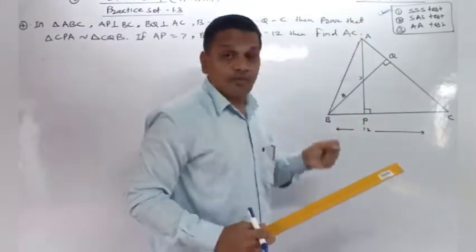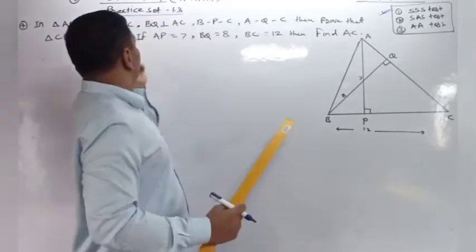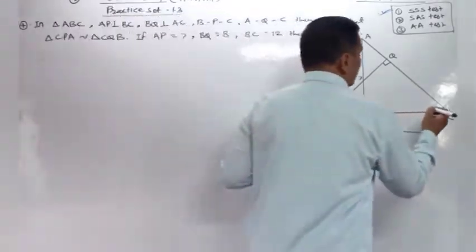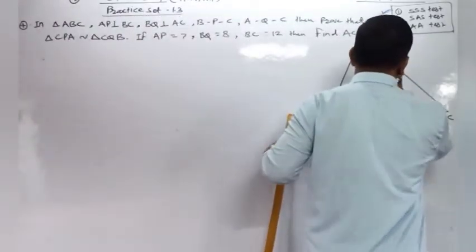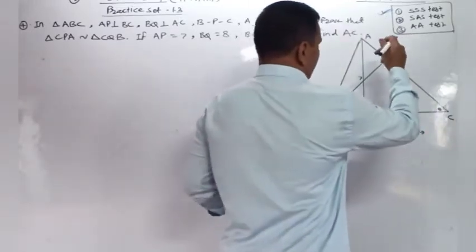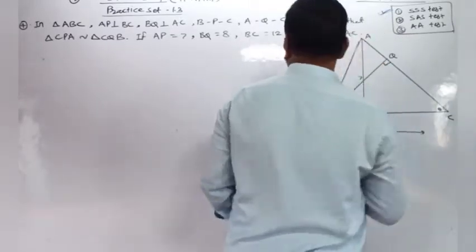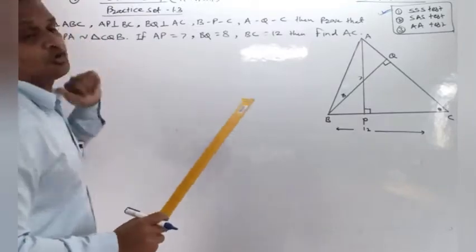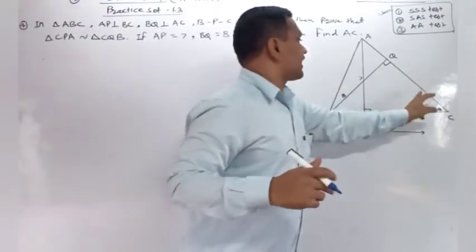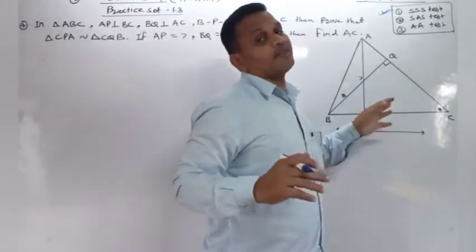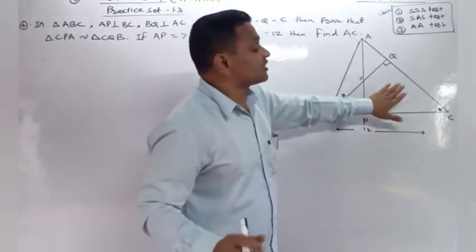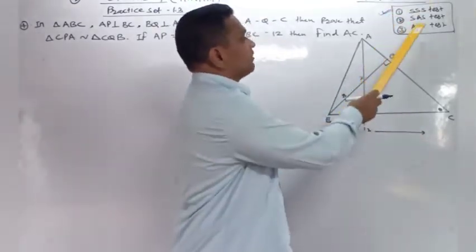And which angle is common between these two triangles? Angle C is common. Therefore, these two triangles are similar by the double A test for similarity.